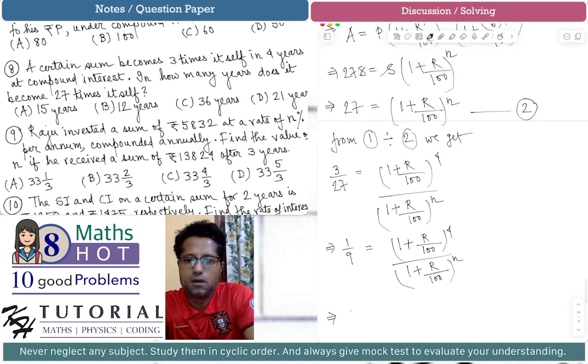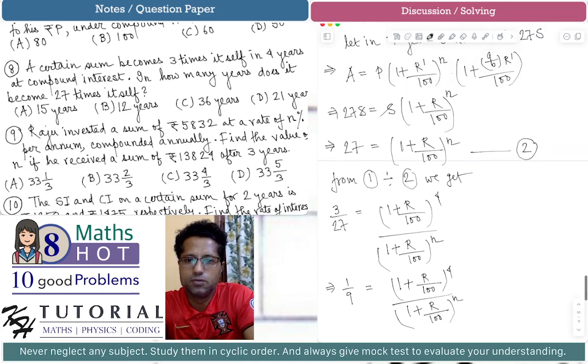Now what is (1 + r/100)^4? From equation 1, we know (1 + r/100)^4 is 3.